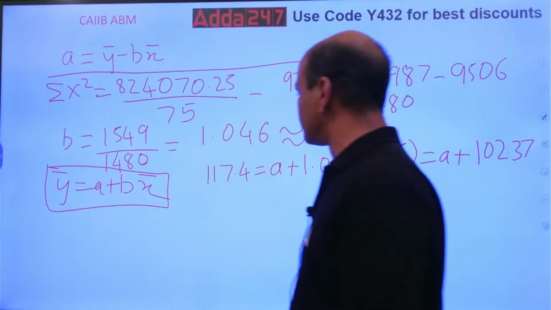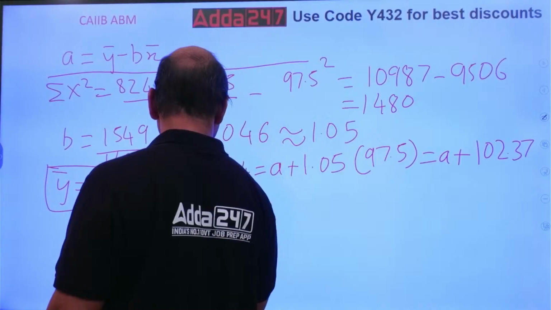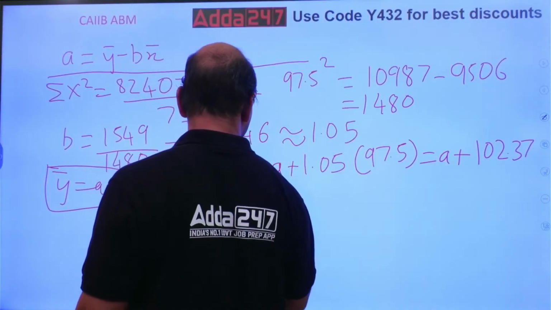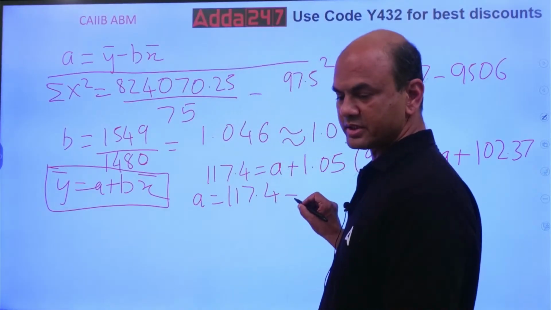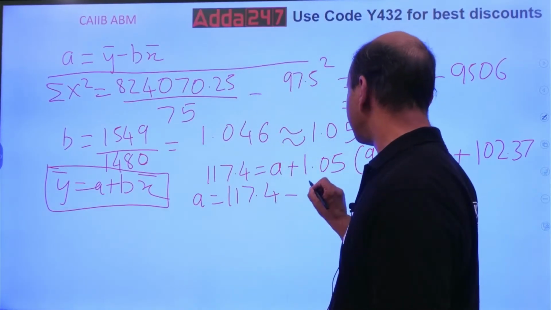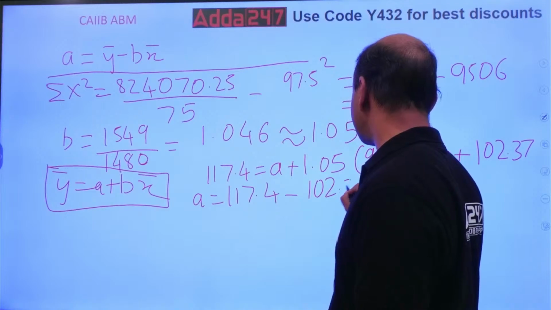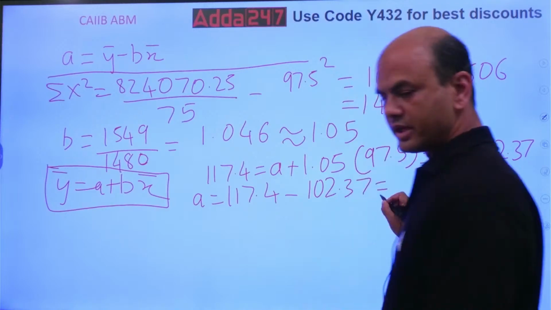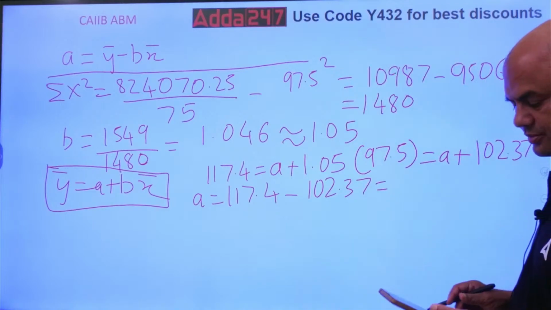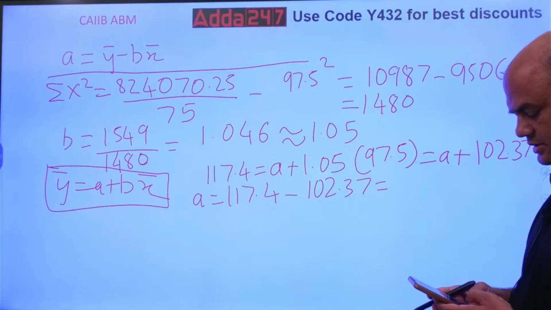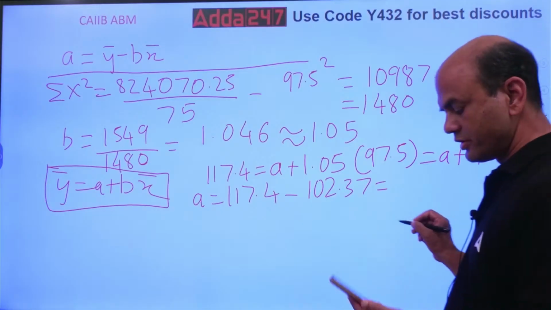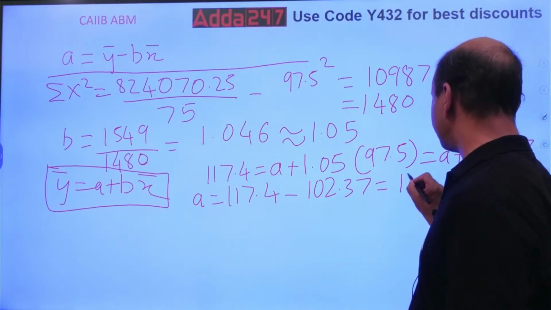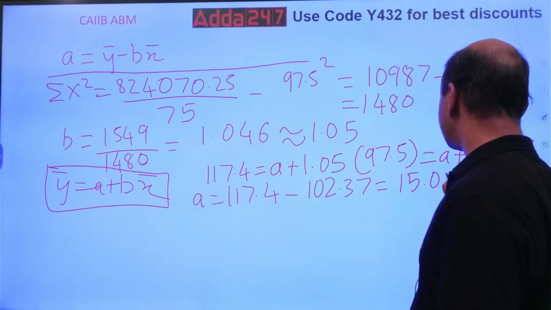A equals 117.4 minus, see this, minus 102.37. Are you getting this? So check this. So it is 15.025.